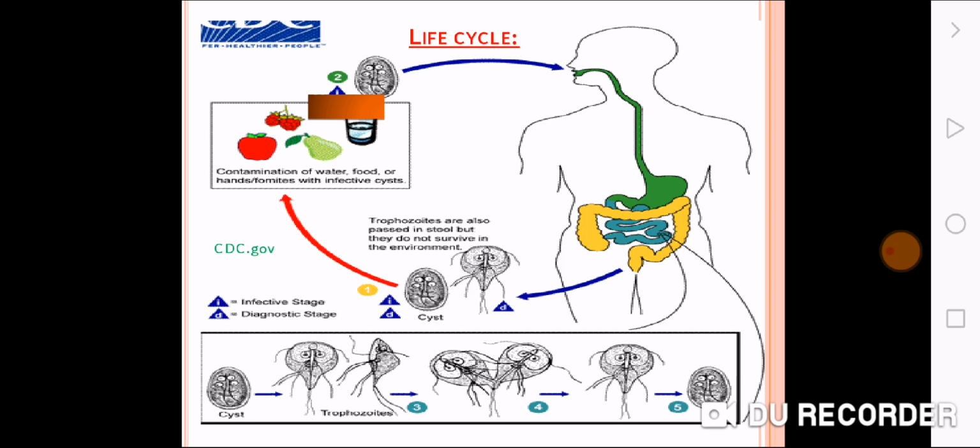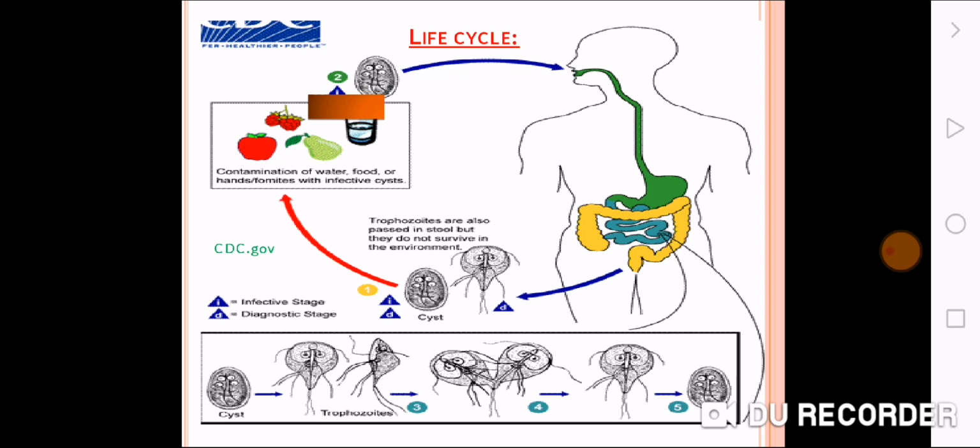The encystation occurs in the end part of the colon. When the trophozoites pass down to the colon, they will be changed to cysts. This is called encystation, and they will be released outside.